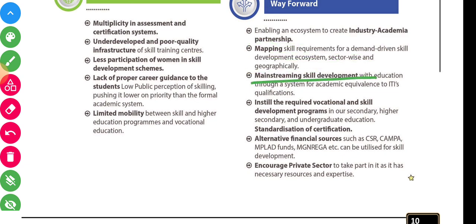Mainstreaming skill development: instill the required vocational and skill development programs in our secondary and higher education as well as undergraduate education, standardization of certification, and alternative financial sources such as CSR, CAMPA, MPLAD, MGNREGA, etc. can be utilized for skill development. Encourage the private sector to take part in it as it has the necessary resources and expertise.